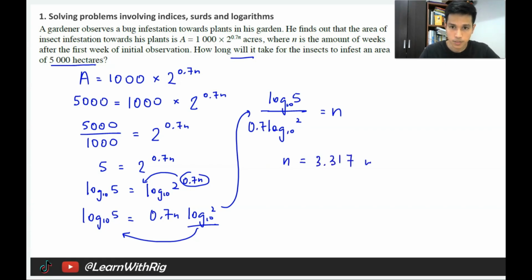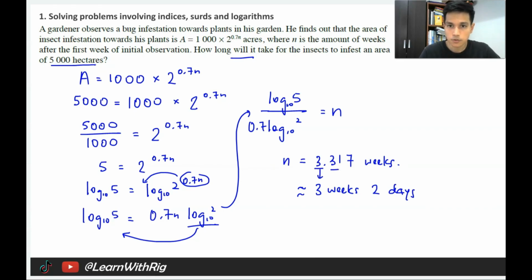So n is equivalent to 3.317 weeks. What does this mean? This is equivalent to roughly 3 weeks and 2 days. If you don't know how to count this, the 3 means 3 weeks.